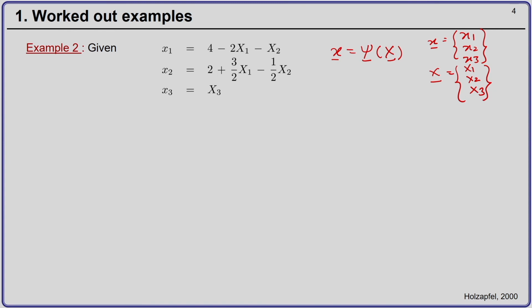So, you have this deformation mapping, that is the motion, and this is given to you. x1 is 4 minus 2 X1 minus X2, x2 is 2 plus 3 by 2 X1 minus 1 by 2 X2, and x3 is equal to capital X3.